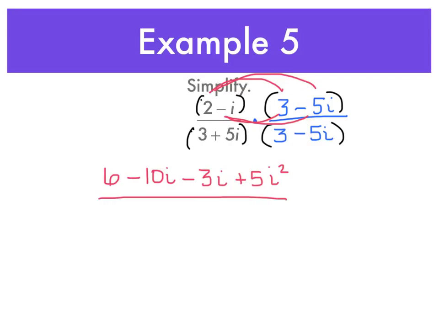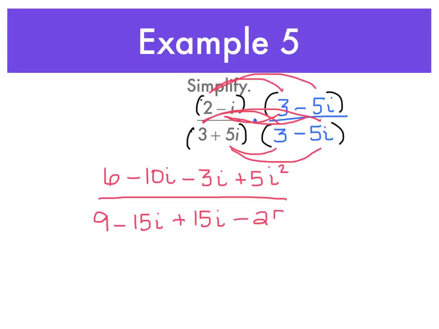So down here, 3 times 3 is 9. 3 times negative 5i is negative 15i. 5i times 3 is positive 15i. And 5i times negative 5i, well, 5 times negative 5 is negative 25, and i times i is i squared.